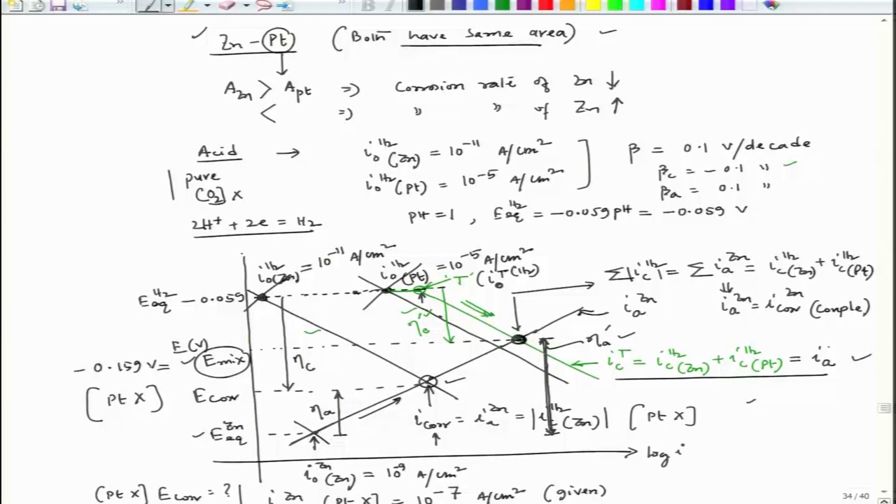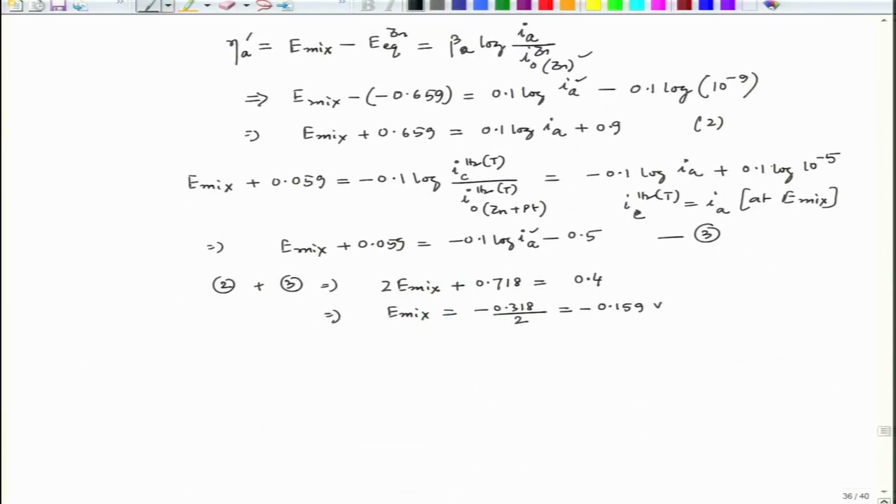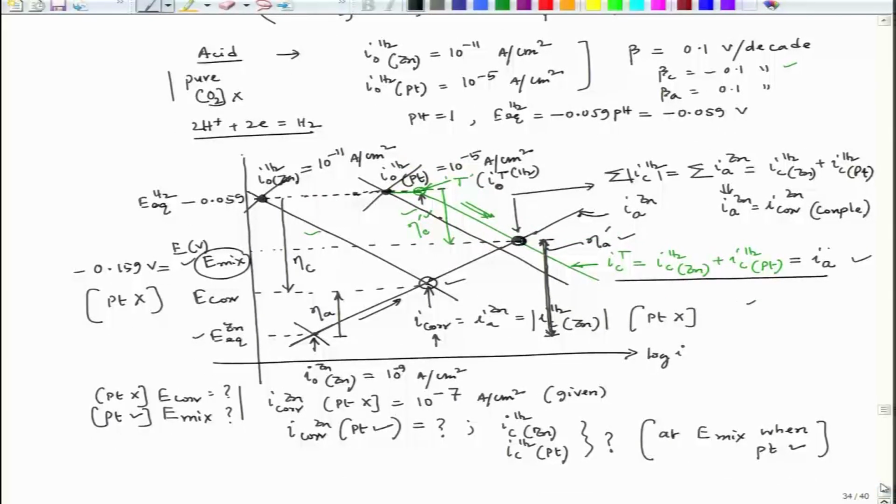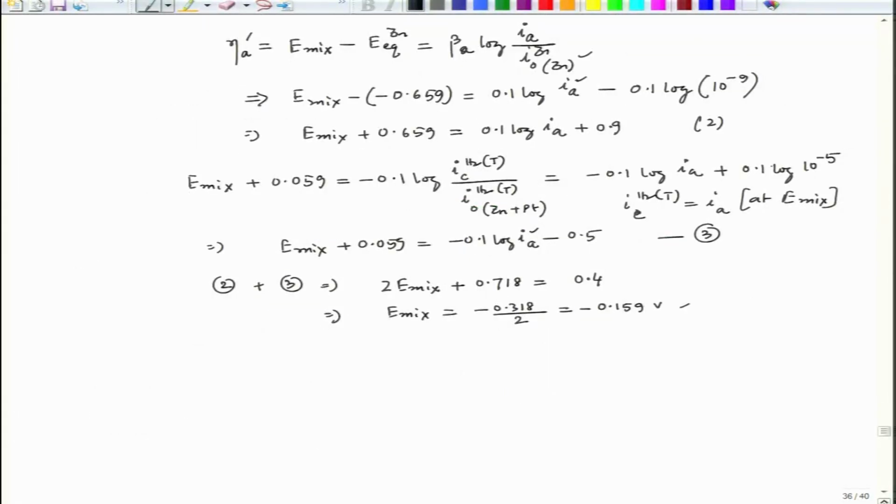Now, once we know E_mix, we wanted to find out I_zinc when the platinum is present. So, now we have to find out I_A.